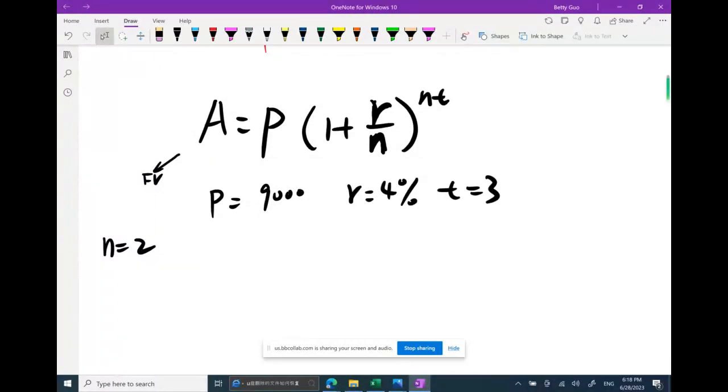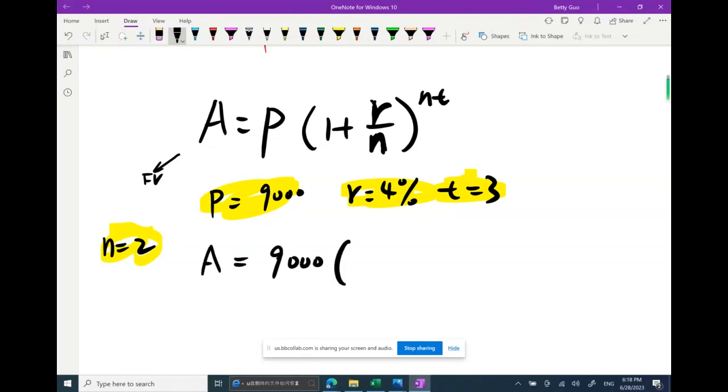4%, 3 years. Okay, now we are going to plug all the information we have into the formula. This formula you need to remember. So A equals P, 9,000, times 1 plus the annual interest rate, 0.04, divided by 2.